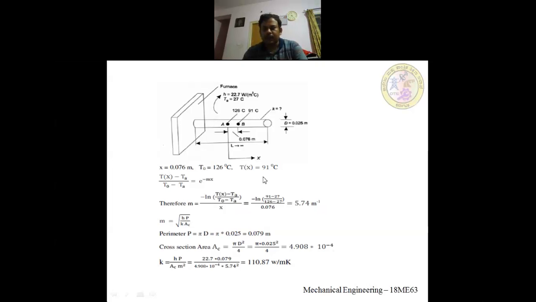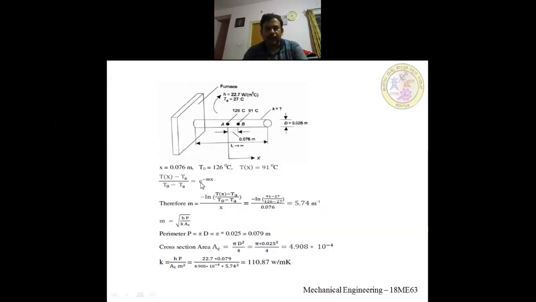So try to understand, I have taken point A itself as the origin of the fin, and that becomes the base temperature, T naught, 126. At distance x, that is at 0.076, the temperature T_x will be 91 degrees Celsius.